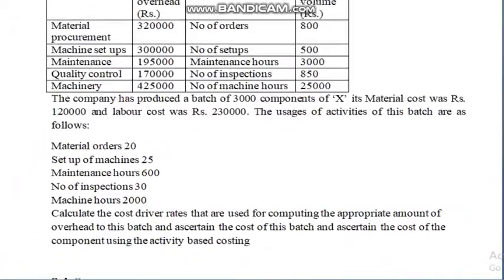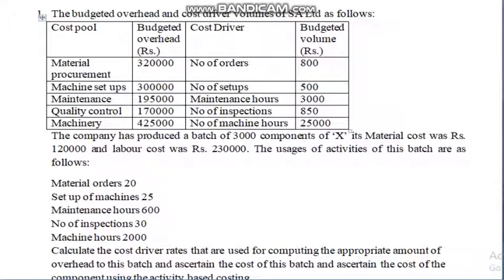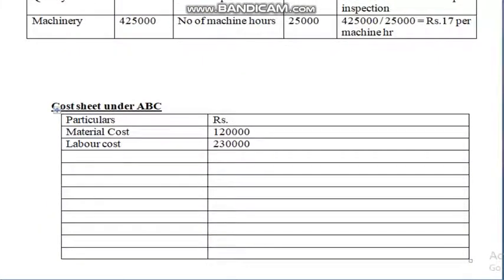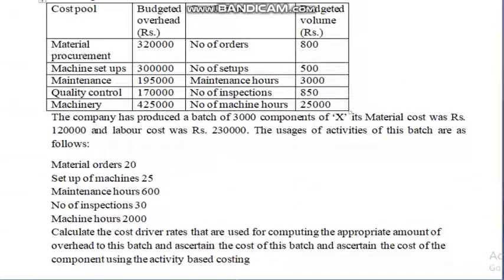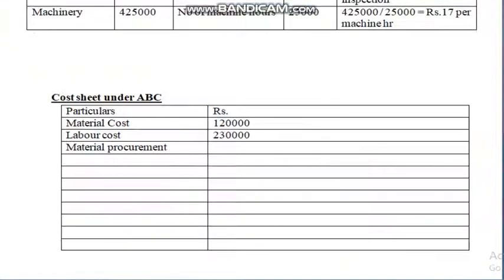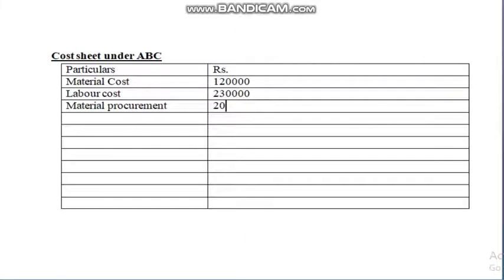So the first activity is what? Material procurement. Material procurement is based on number of orders. So here the number of orders is 20. So 20 orders were incurred to produce product X. So 20 multiplied by, what's the cost per order?